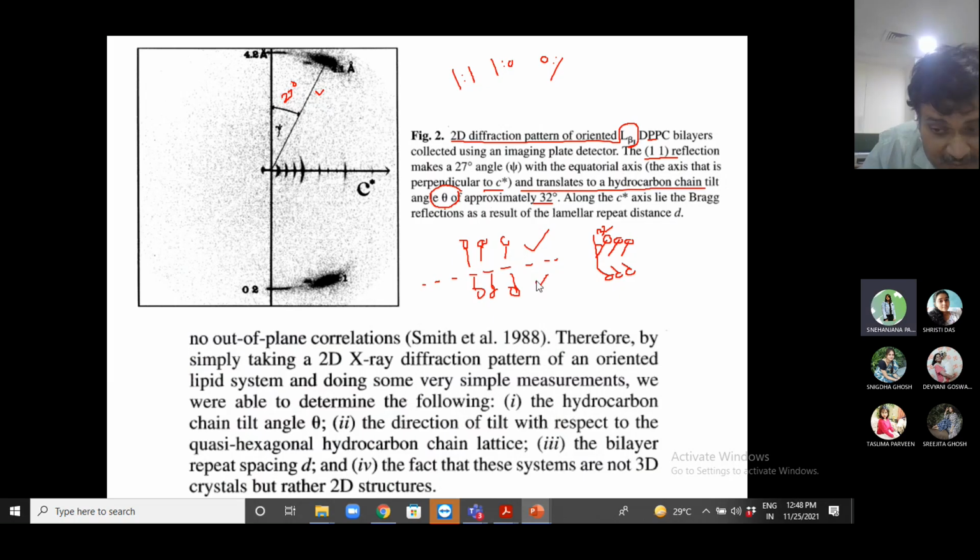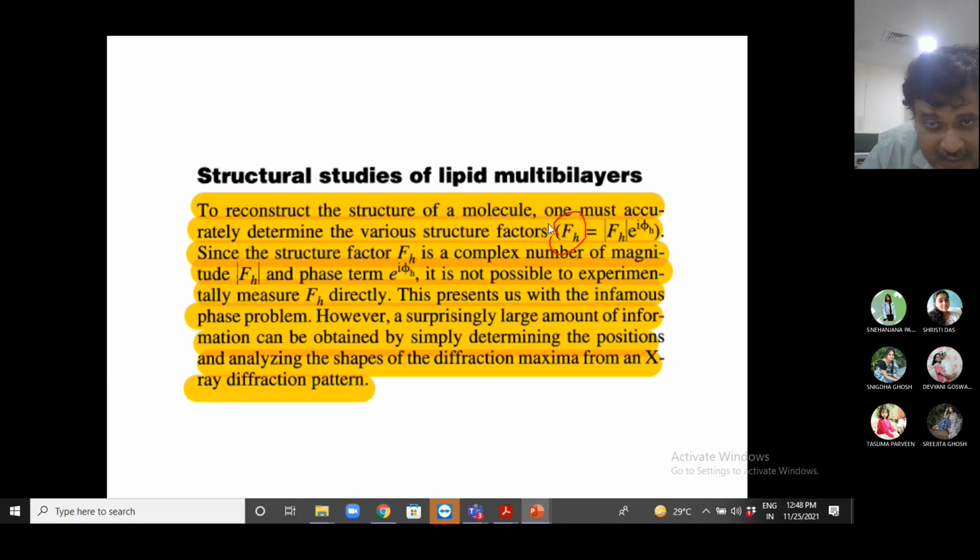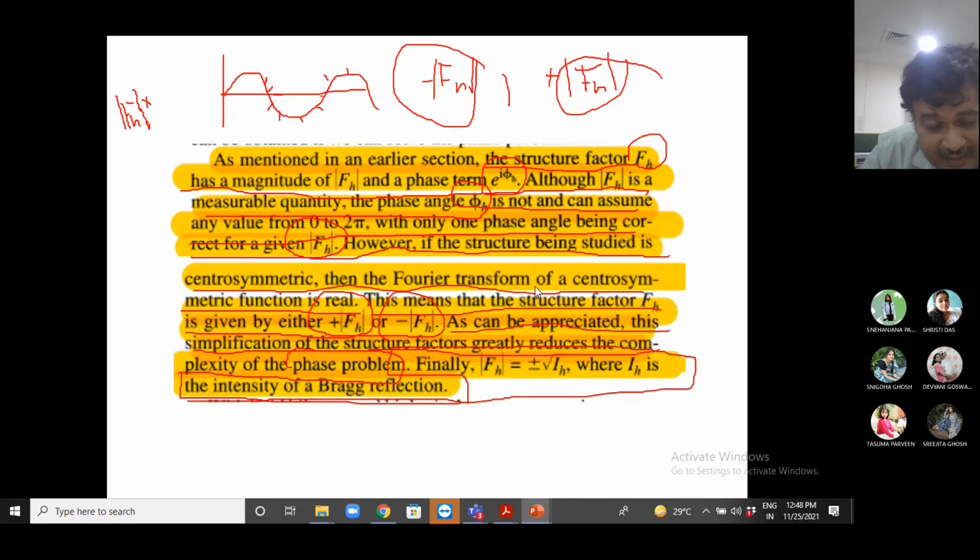Yes, sir. So as it is symmetric, this big equation that we are talking about, the structure factor, also gets simplified. As mentioned in the earlier section, the structure factor has a magnitude Fh, and there is a phase equation. Although Fh is a measurable quantity, the phase is not, and can assume any value between 0 and 2 pi, with only one phase angle being correct for the given Fh.